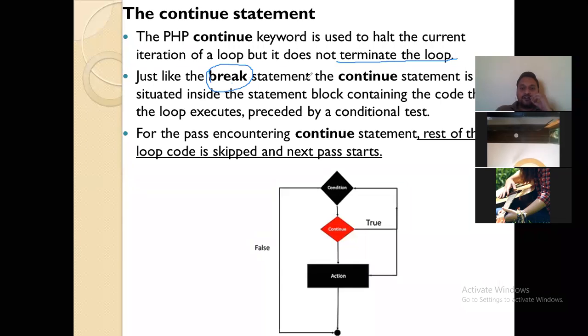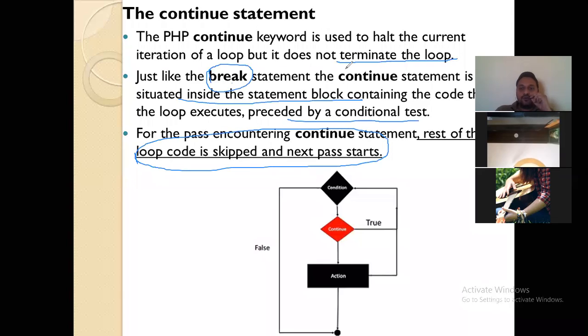Just like the break statement, the continue statement is situated inside the statement block containing the code the loop executes, preceded by a conditional test. Upon encountering the continue statement, the rest of the loop code is skipped and the next pass starts.